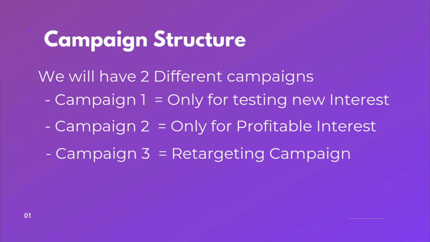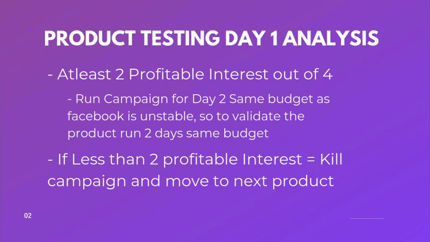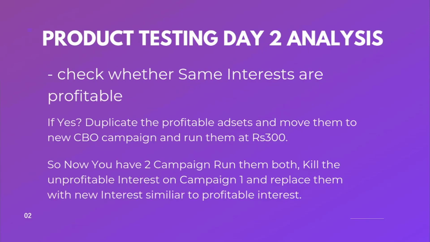So we keep a different campaign called profitable interest. You will duplicate those 2 profitable interests in that campaign, so it will be easier to understand and differentiate between a testing campaign and a profitable campaign. For the testing campaign, you'll test new audiences and interests, and as soon as you find out that a particular audience or interest is working, duplicate it into that profitable interest campaign.